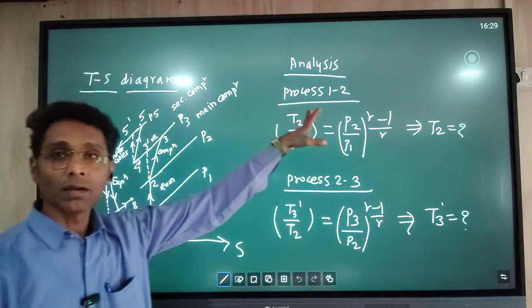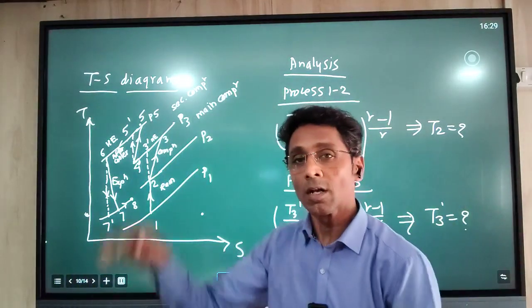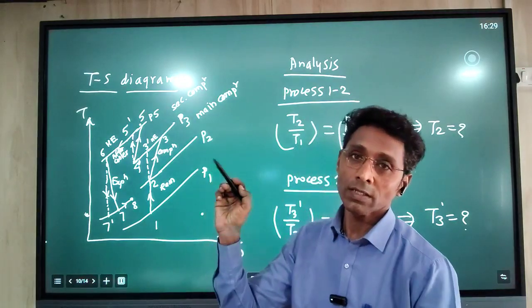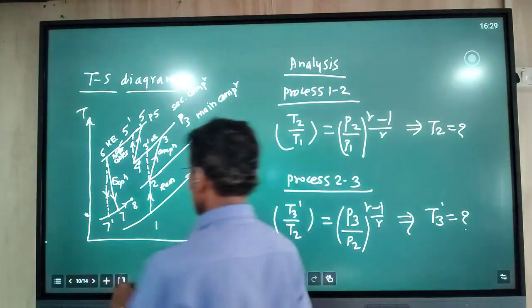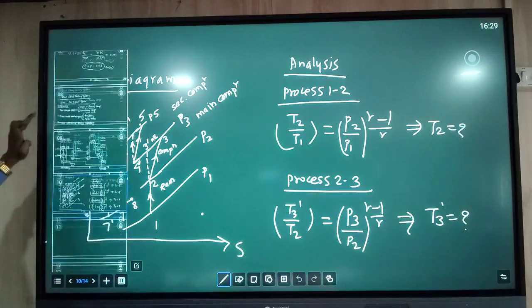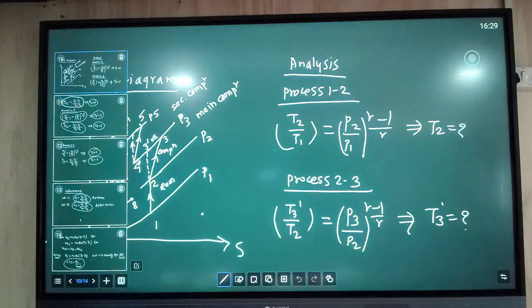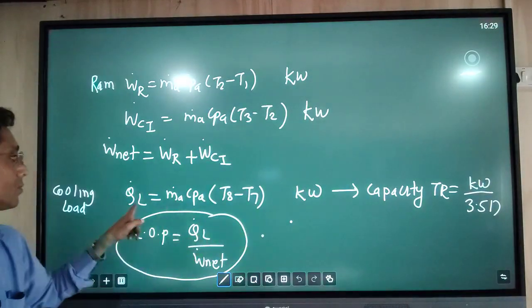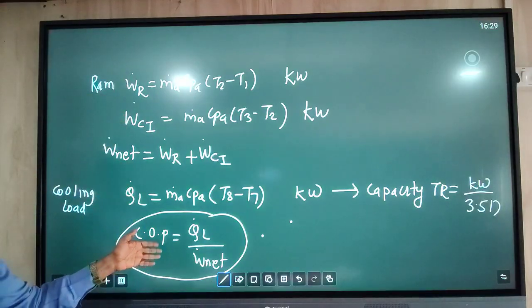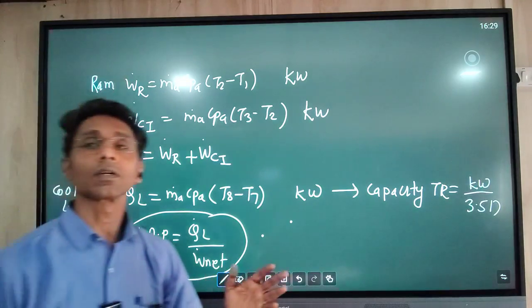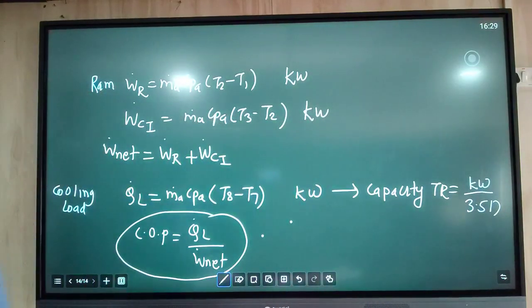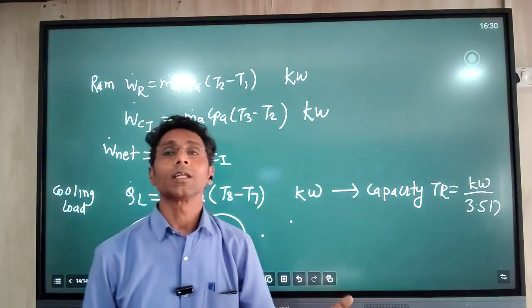From the T-S diagram we listed the formulas for the different processes, temperature ratios and efficiencies, the heat exchanger effectivenesses, and at the end the formulae for output and input. The output is the cooling effect, the inputs are ram work and compressor work, and then the COP, the performance index. So this was about the bootstrap air cooling system: construction, working and analysis of the system.